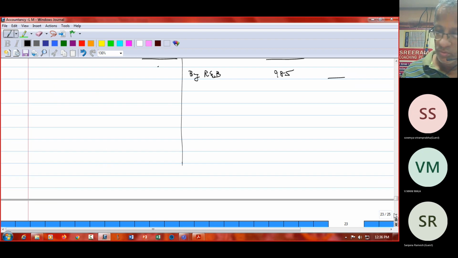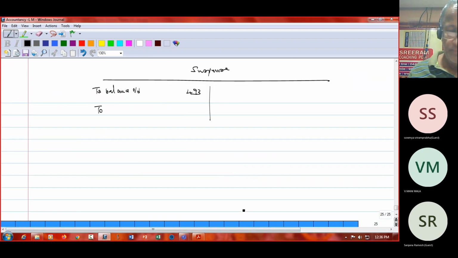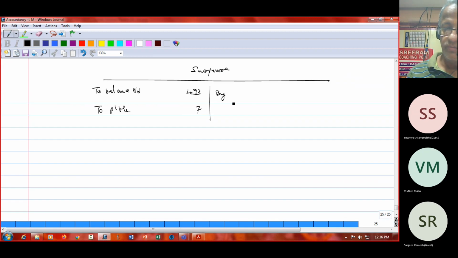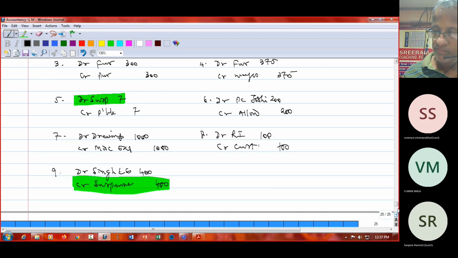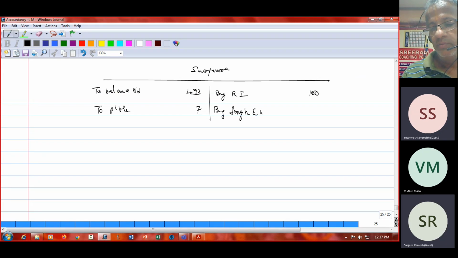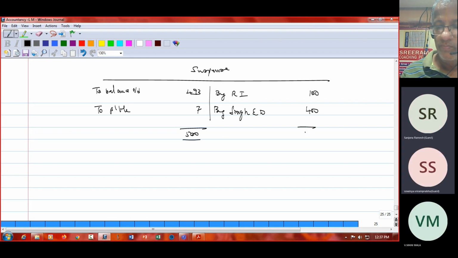Two. By Singh and Company, 400. So with that, suspense account is automatically agreeing.